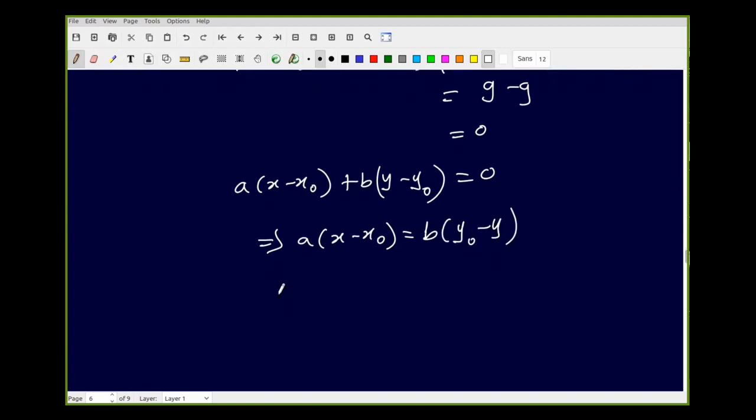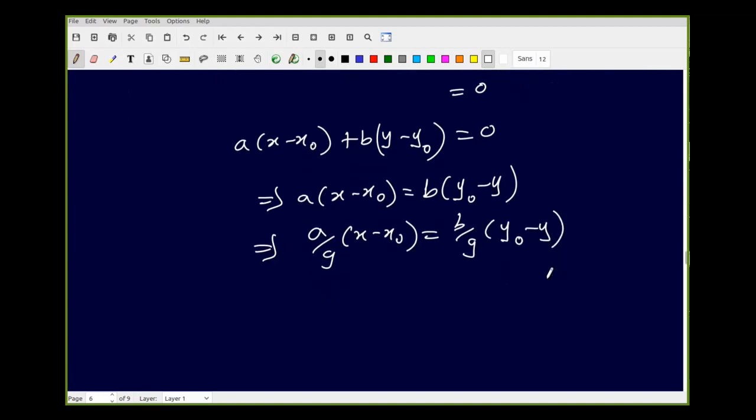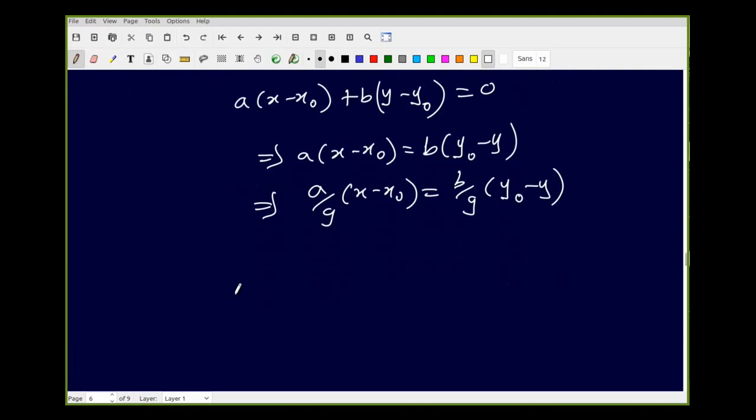And here we can cancel the common factor from a and b. The common factor is g, so that is removed: (a/g)(x − x₀) = (b/g)(y₀ − y). Which implies that a/g divides (b/g)(y₀ − y).